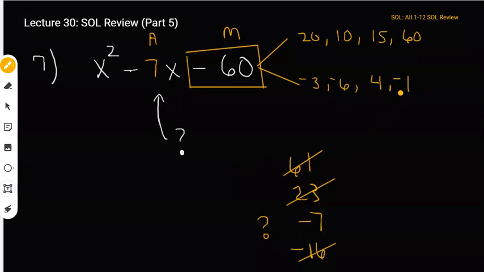So how can we multiply to negative 60, but still add up to a negative 7? 12 times 5. If we put the negative on the 12, then what's negative 12 plus 5 going to give us?